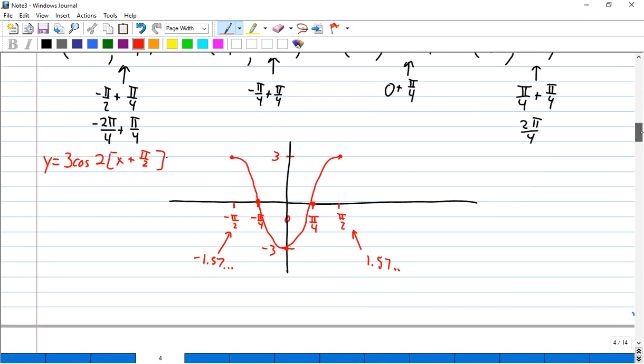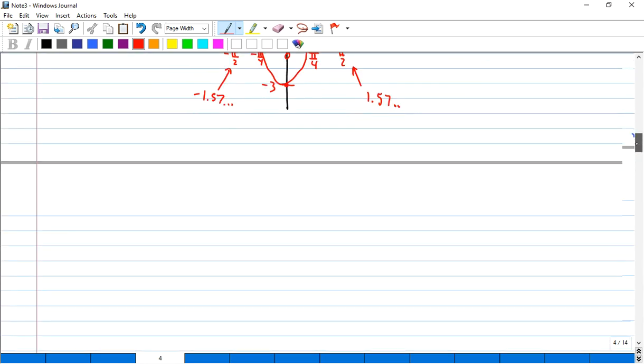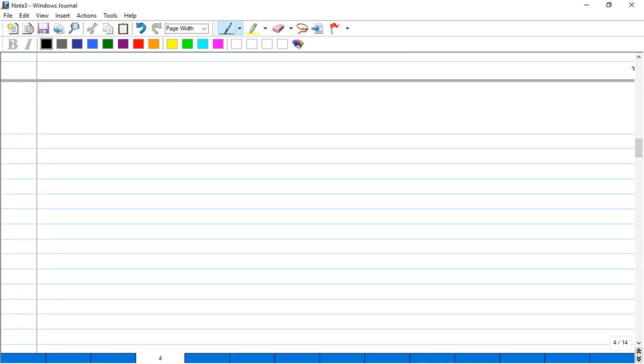Let's do another one that is a little different from those two. Let's say that we had y equals 4 sine of pi x minus 2.